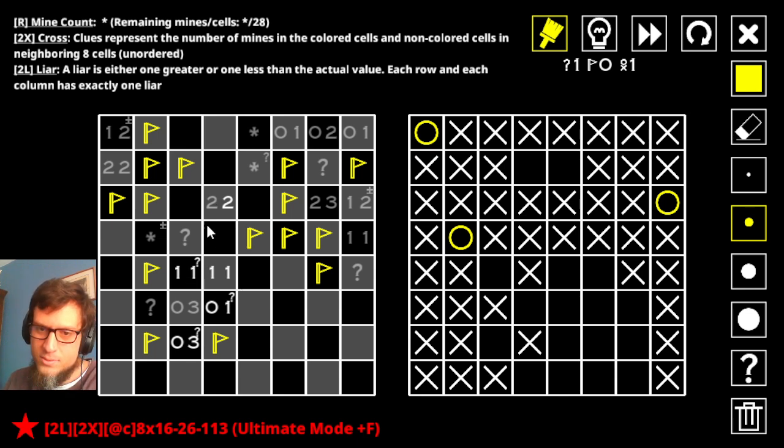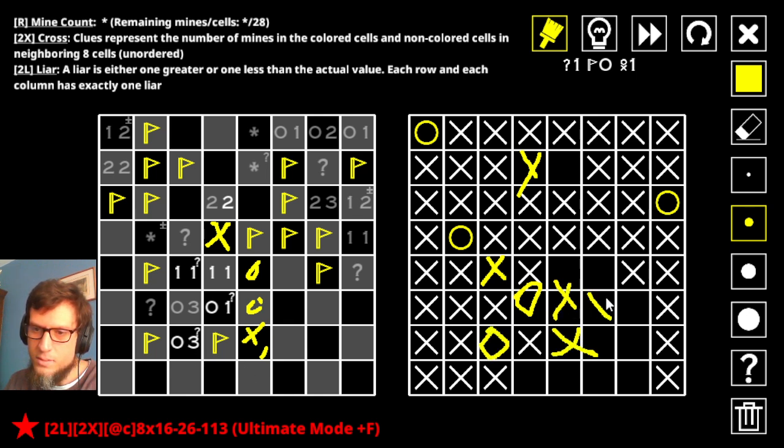Alright, so if this is a mine though, then these are not, he's lying, and then this needs a mine there, which makes this honest. Which makes this a liar. And now we have this kind of situation going on. This is lying too.